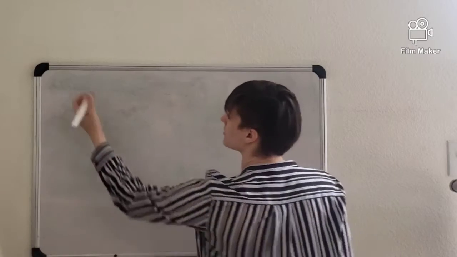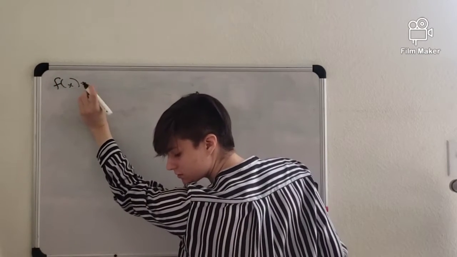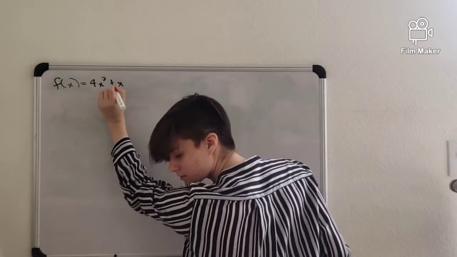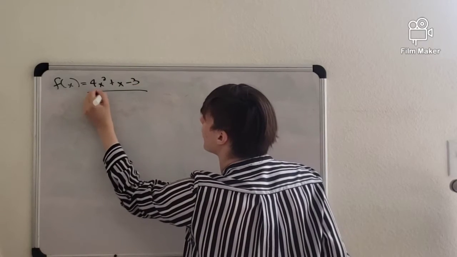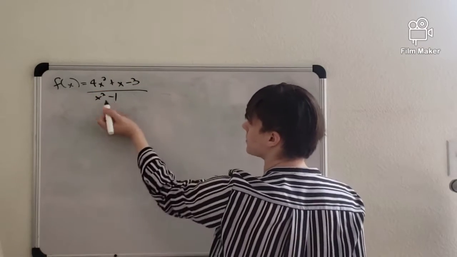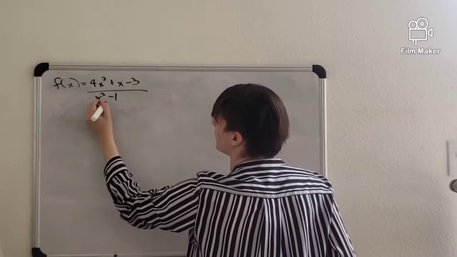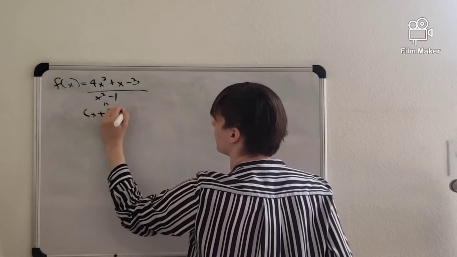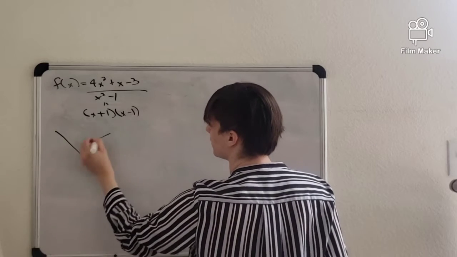So the example is f of x equals 4x squared plus x minus 3 all over x squared minus 1. And as you can see, this is not factored, so we don't know what to cancel out yet. So when we factor the bottom, x squared minus 1 is of course x plus 1, x minus 1, and when factoring the top, I like to use the Australian method.